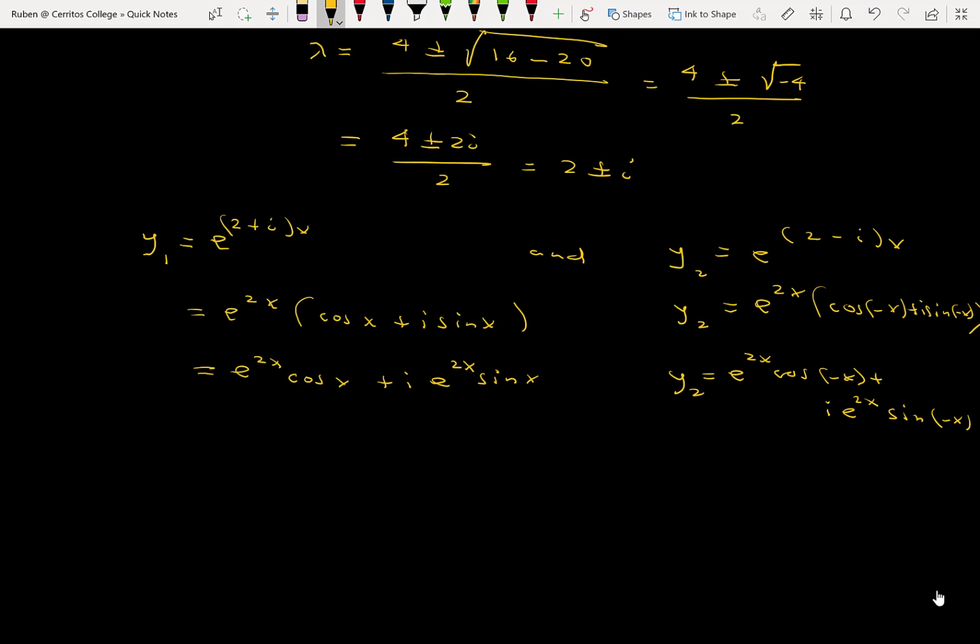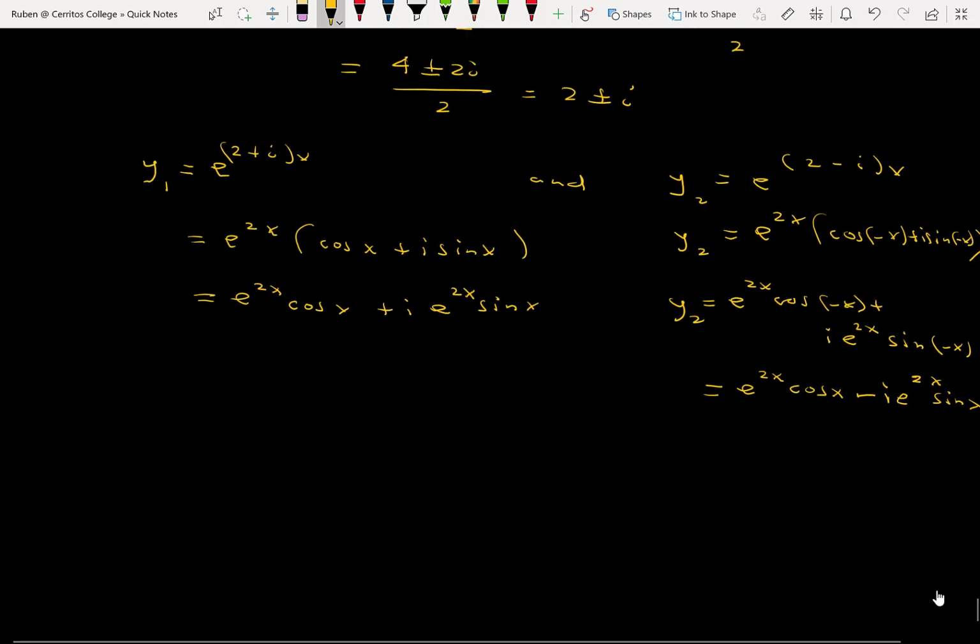This expression for y2 can be simplified. Cosine is an even function, so the cosine of negative x equals the cosine of positive x, so we get e to the 2x cosine x. Sine is odd, so the sine of negative x is negative sine of x. So it looks like we got these two really long, involved, complex valued, linearly independent solutions.